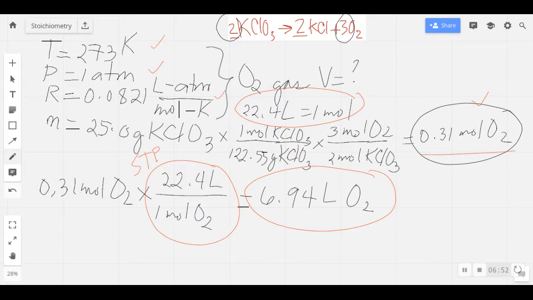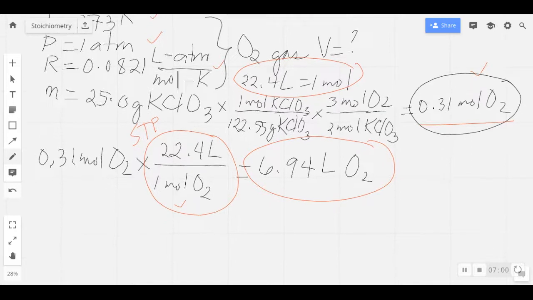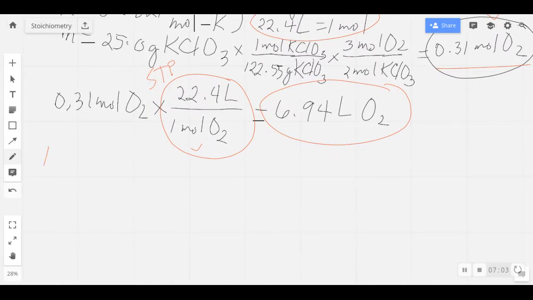Or the other option is we can use the ideal gas law. Just in case you forgot this conversion factor, we can use the ideal gas law, in which it's just easy. We can just use PV = nRT in this case to get V, that is over P. So cancel that out.